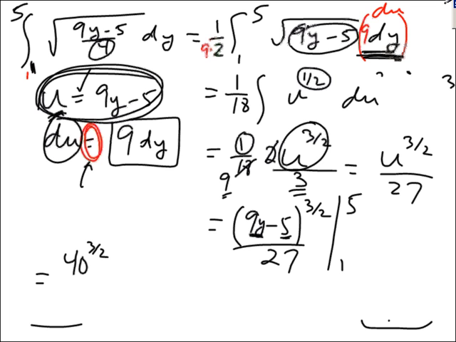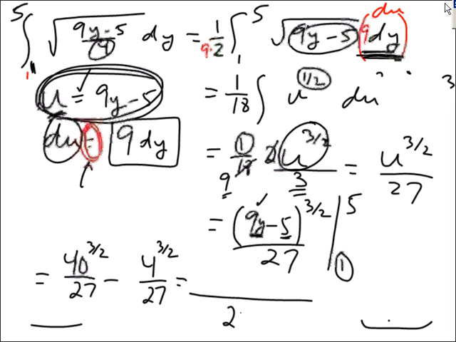40 to the 3 halves over 27 minus, you plug 1 in. 9 times 1 is 9, minus 5 is 4 to the 3 halves over 27. So everything's over 27.